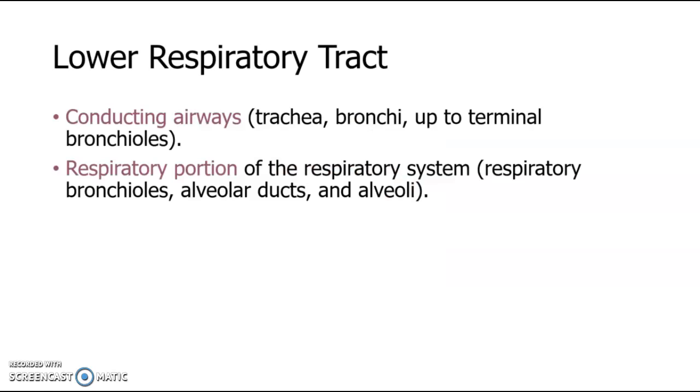And if you remember, we talked about the upper and lower respiratory tract, and we also talked about conducting and respiratory separations. So in the lower respiratory tract, the conducting airways include the trachea, the bronchi, up to the terminal bronchioles. And then the respiratory portion includes the respiratory bronchioles, the alveolar ducts, and the alveoli.